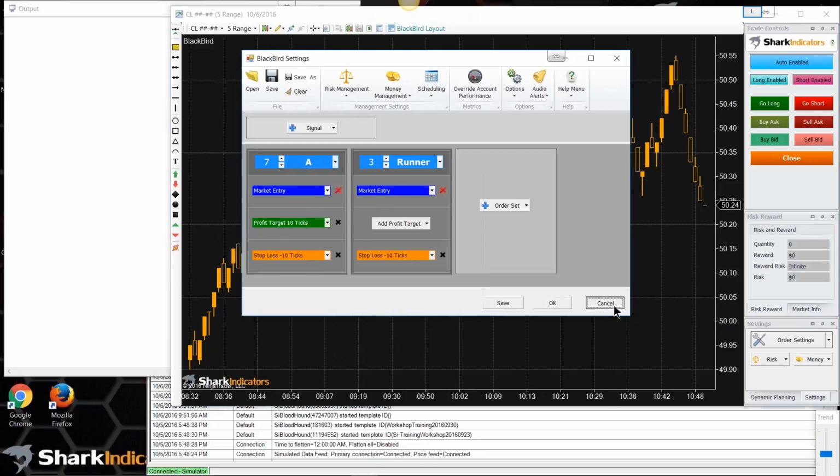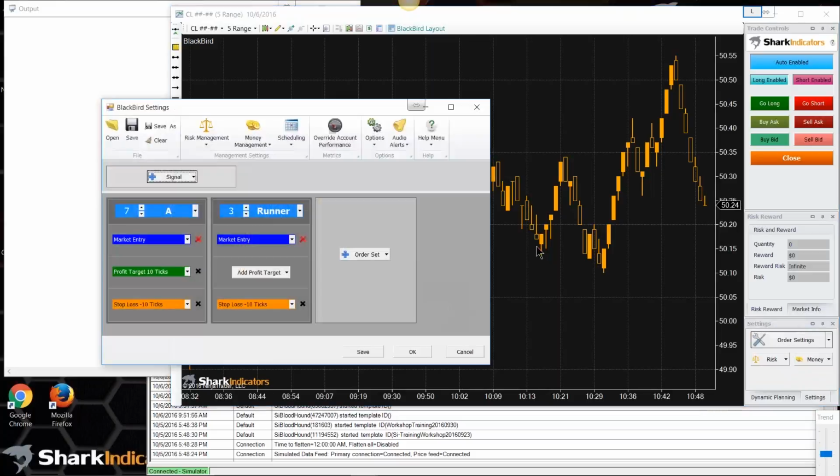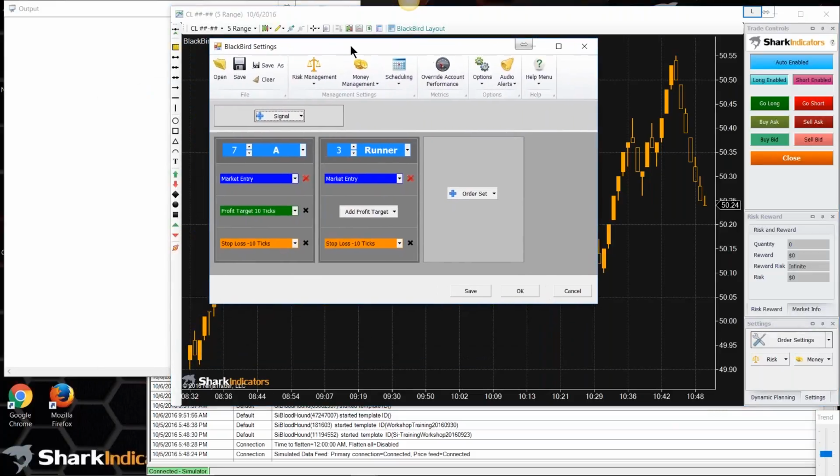You'll notice in the dynamic planner we have this scale to fit button. The scale to fit is what is activating the automatic contract sizing feature. All right, so let's get back into the order settings.